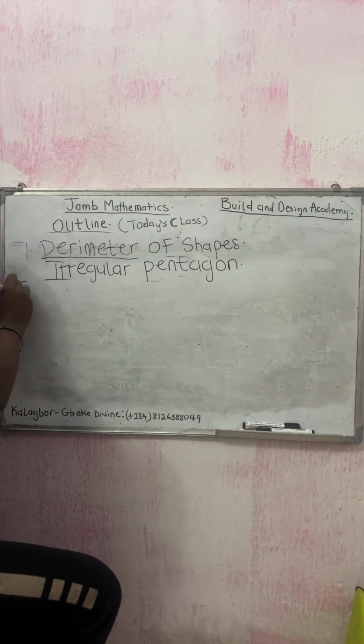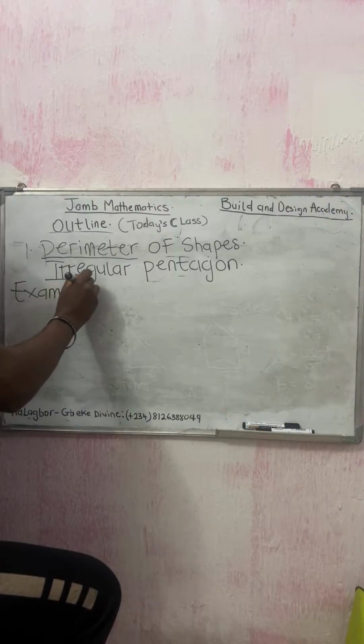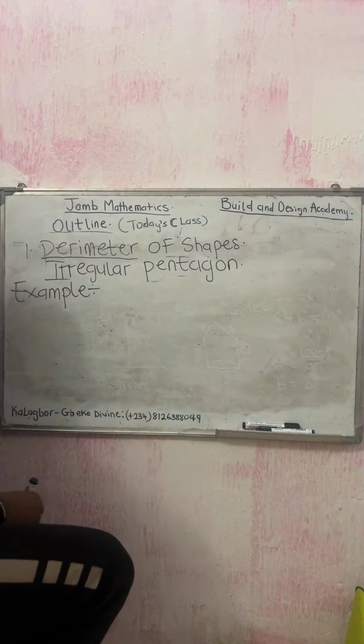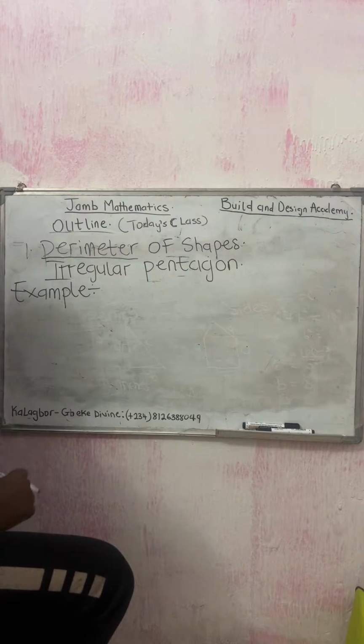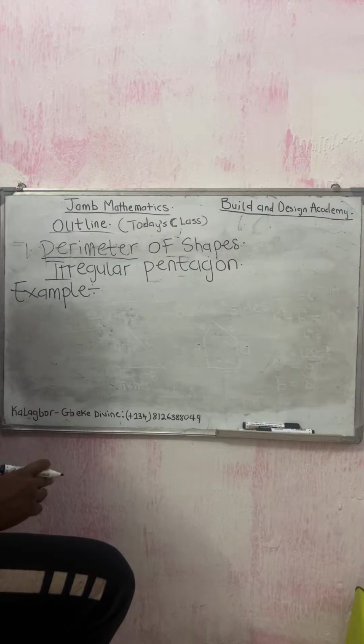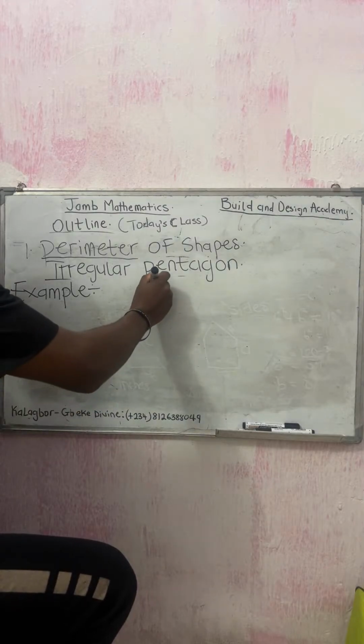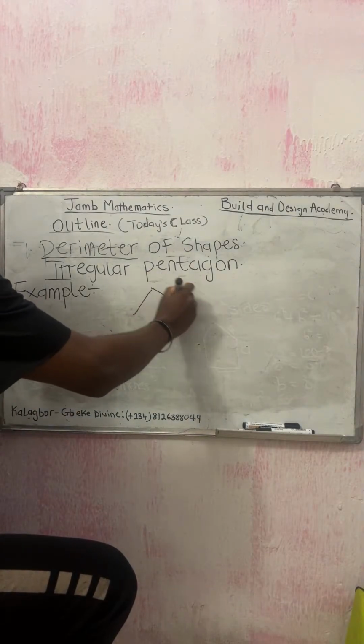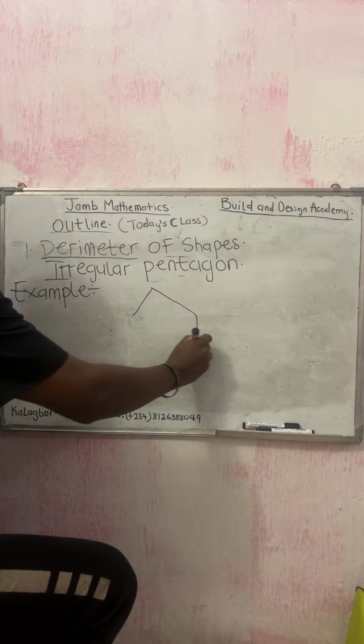So this example goes like this. Take note. It says find the perimeter of a pentagon with side lengths of 4 cm, 7 cm. Let me draw a pentagon. This pentagon doesn't have equal sides.